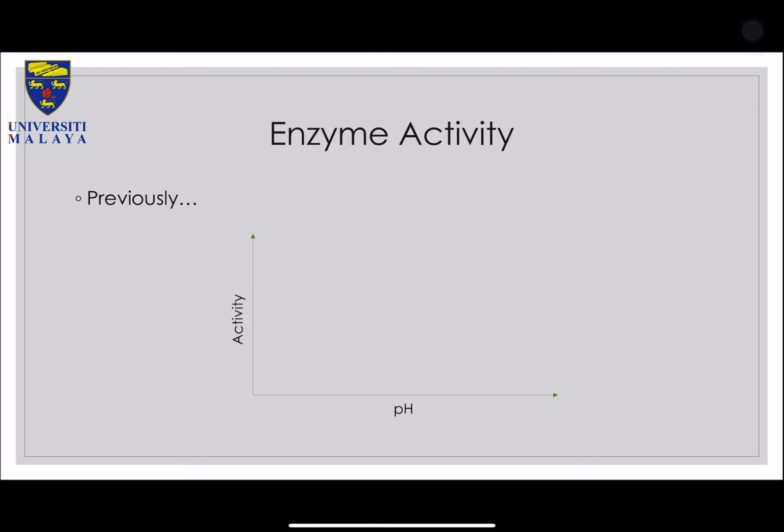Alright, so I already have this. Previously, for example, with pH and activity, you will have a bell curve, something like this. Similarly for temperature, you will have something like this. Normally, the bell curve shape is not actually symmetrical.